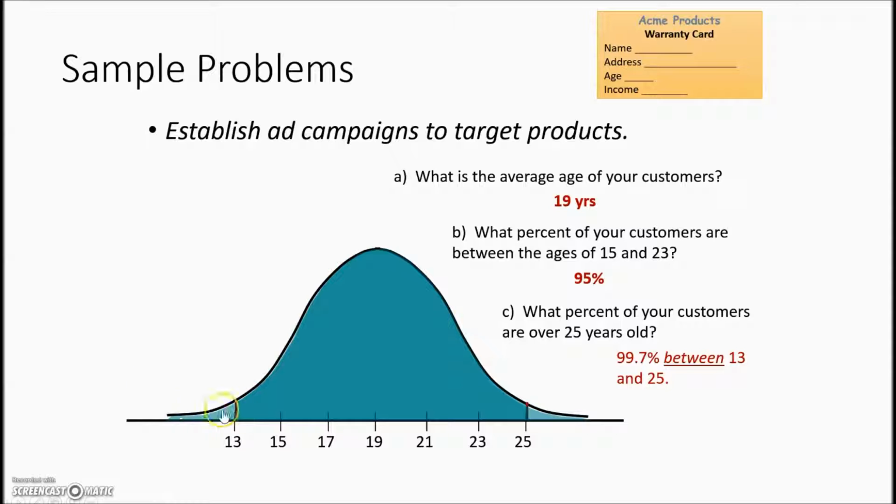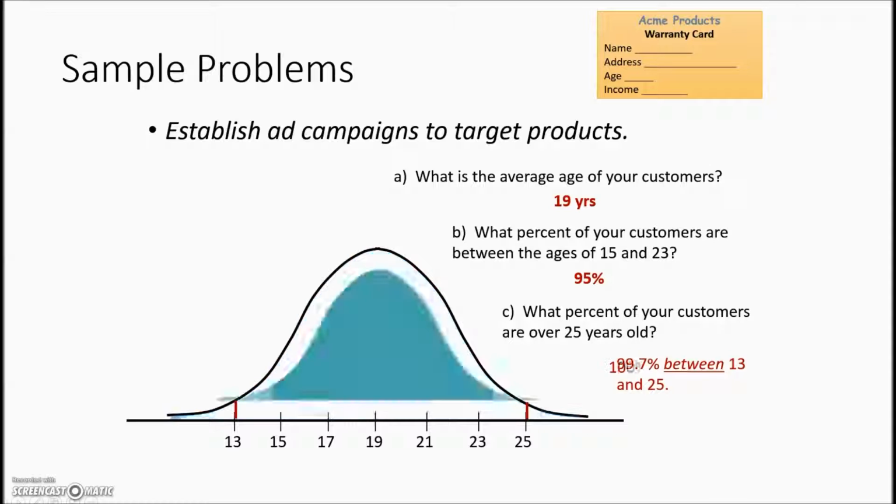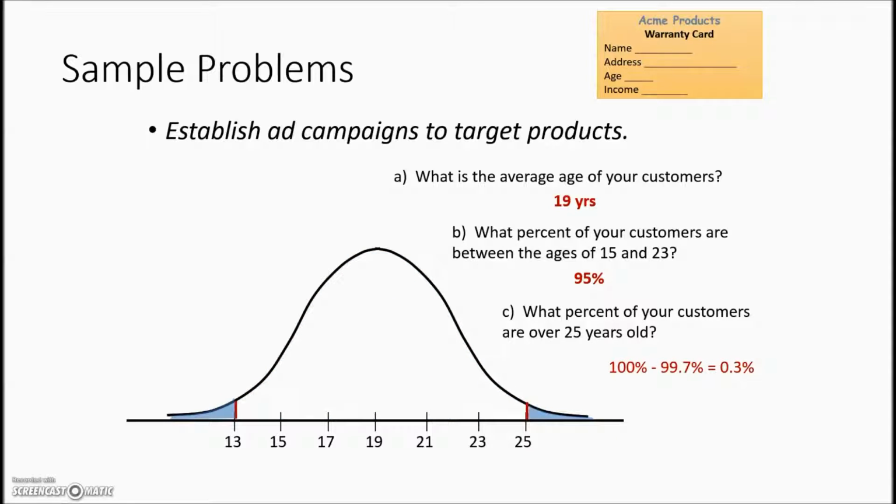99.7%. Now that's the area between those two. To find this region and answer the question, we need to take 100% minus 99.7, and because of symmetry, that 0.3% is not only here in the region we're interested in, but it also is here.